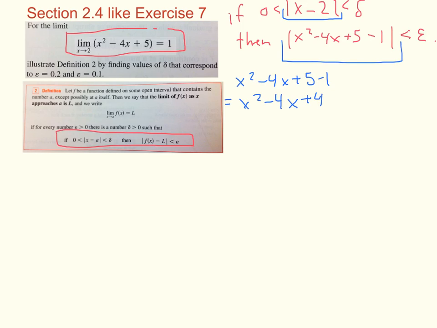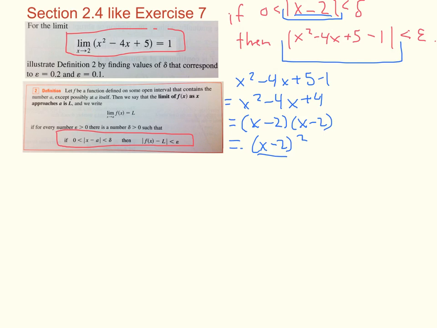Am I able to factor that? In this case, the answer is yes. That factors into the quantity x minus 2 times x minus 2, or x minus 2 squared. Well, that's happy, because this x minus 2 sure looks a lot like that x minus 2 I have up there. And that's going to be very helpful to me in doing this problem.